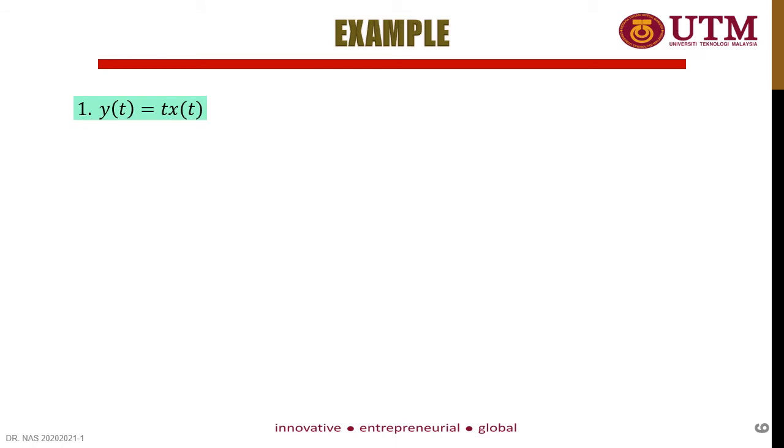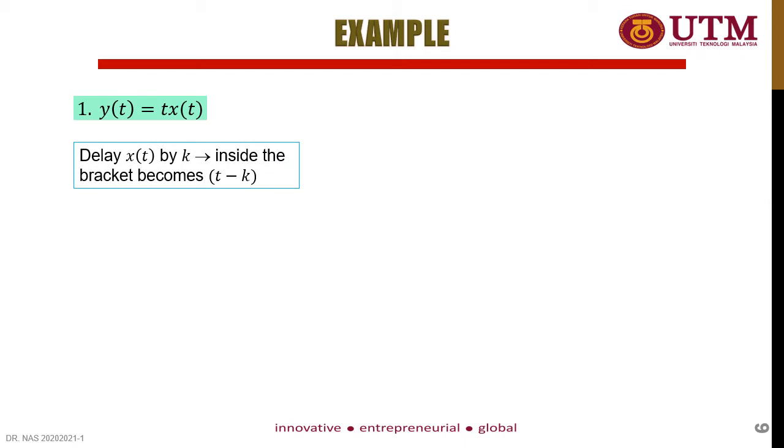And let's look at the first example. We need to use the three steps as shown in the earlier slides in order to determine whether this system is time invariant or time variant. First, delay the input signal, only the input signal, by k.